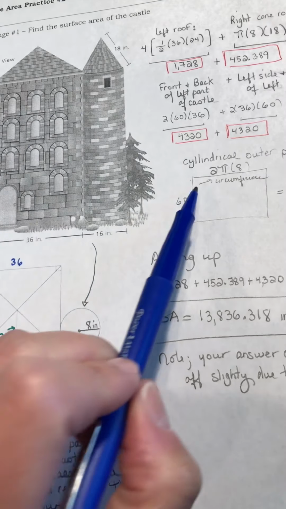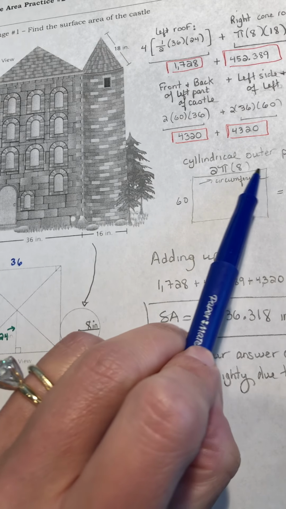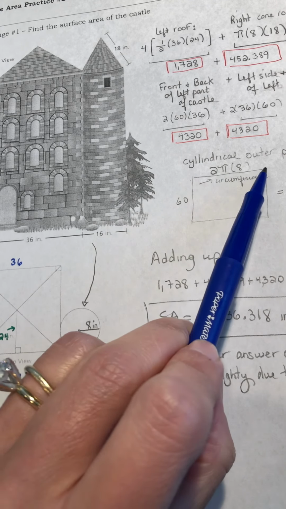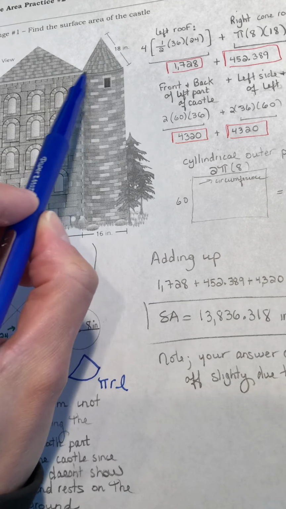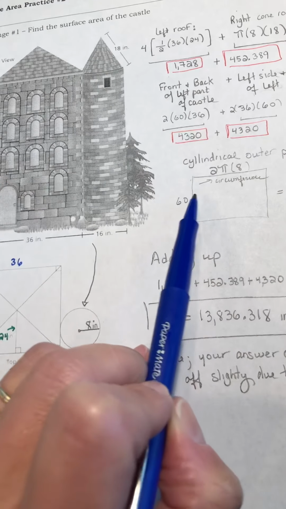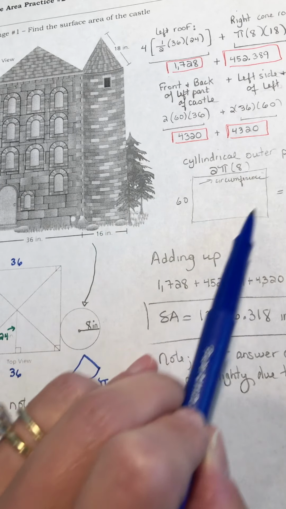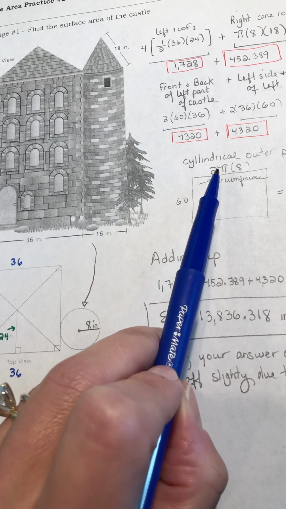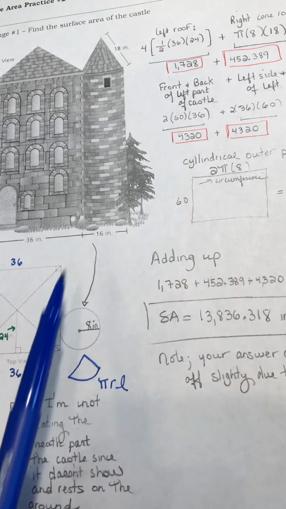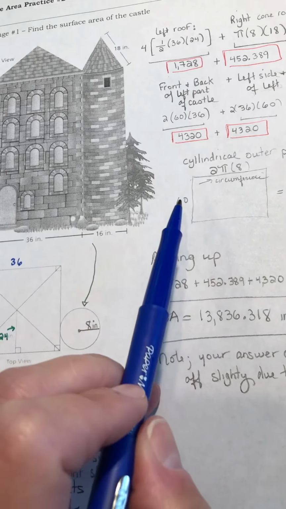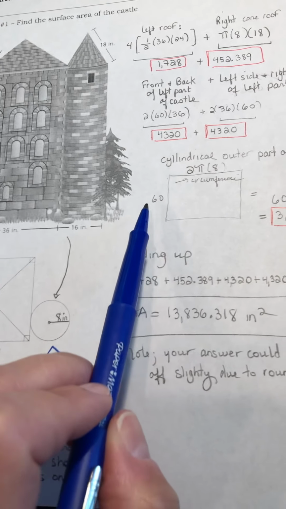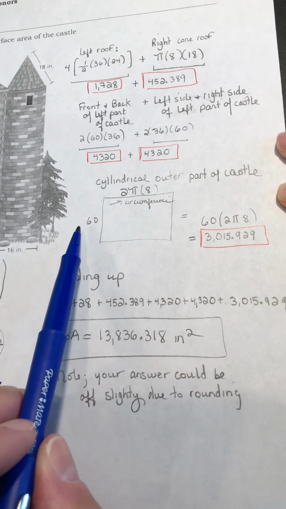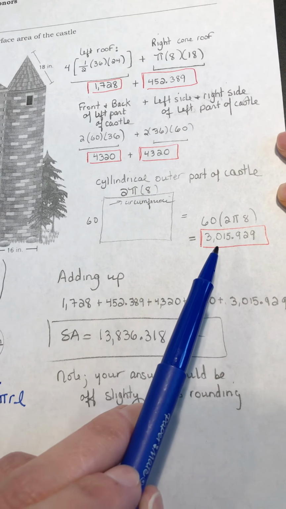But unwrapping the top, this is really the circumference that used to be wrapped around this cone. So this part here is the circumference that just unravels into a rectangle. The circumference is 2 pi r. We know the radius is 8. So I'm doing basically length times width. So 60 times 2 pi times 8 to get this number.